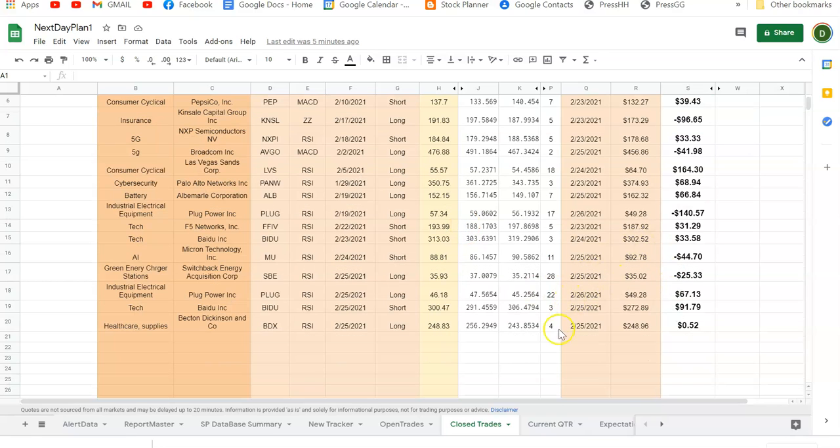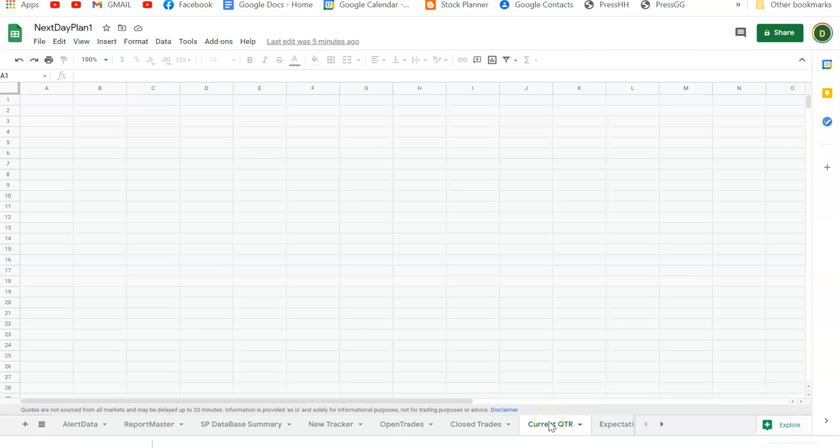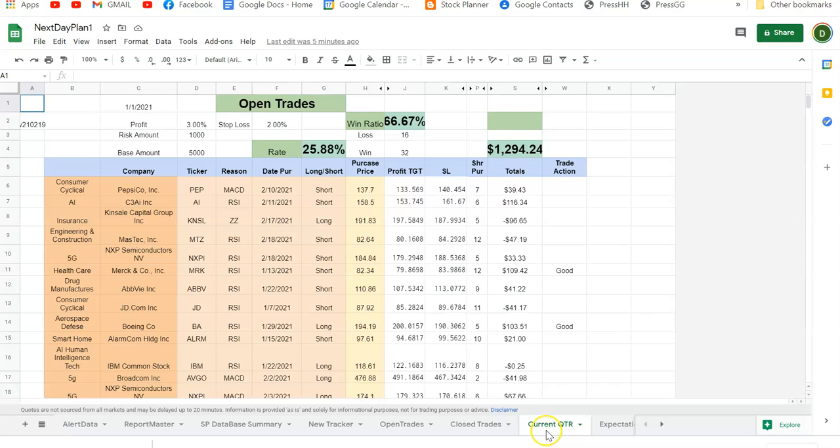And there were some little issues. I was in and out of one stock in a minute because I set my stops too short right here. The current quarter. This is all driven from the tracker sheet, where all the trades are.